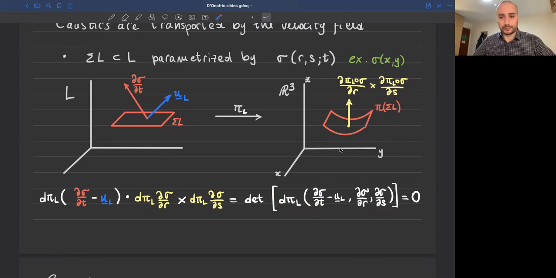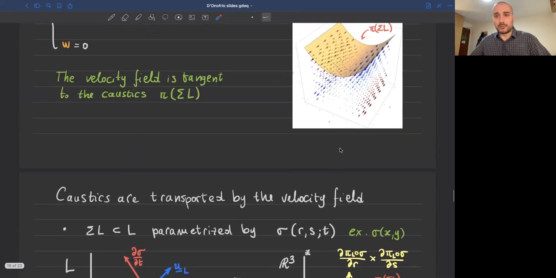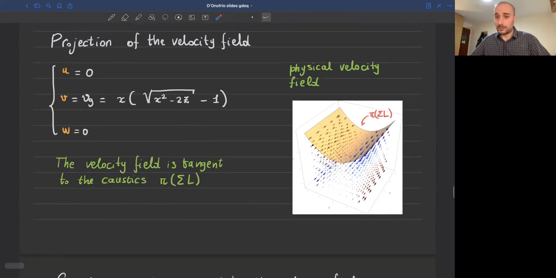Okay, so what does this observation mean? Why is it so important that caustics are transported by the velocity field? From the physical point of view, it's important because this means that in stationary conditions, we can understand caustics as the boundary of the fluid domain.